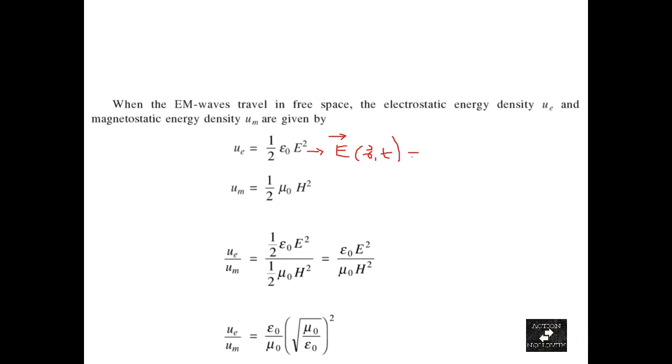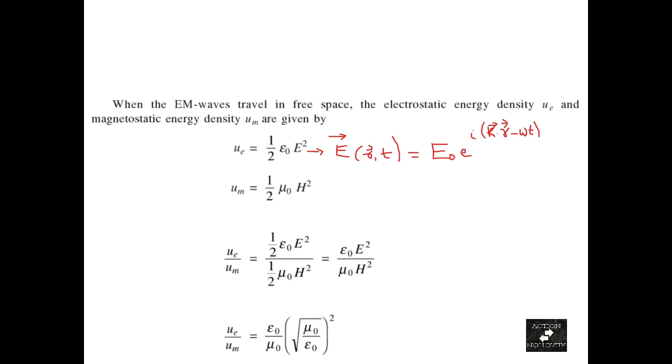This came out of the form E naught e to the power i, and then you have the wave vector k dot vector r minus omega t. So this was a standard solution to our wave equation.